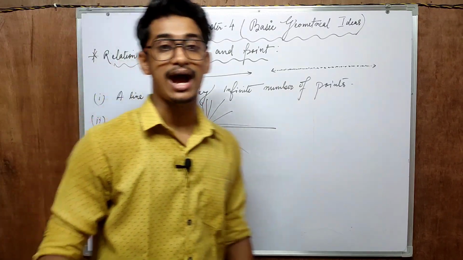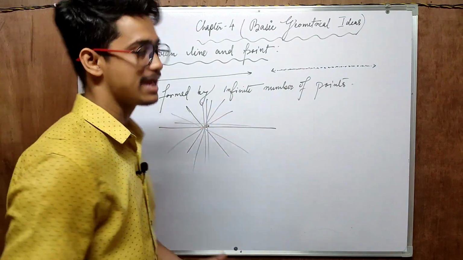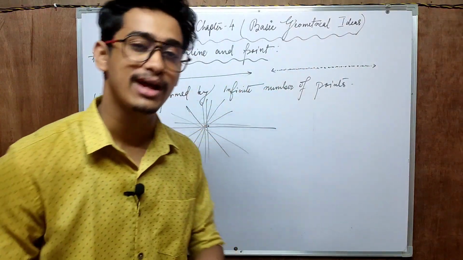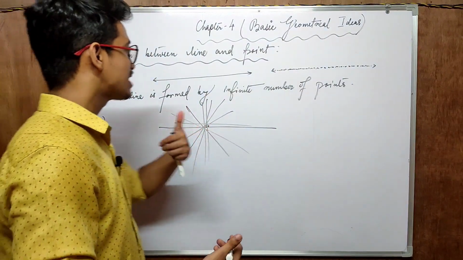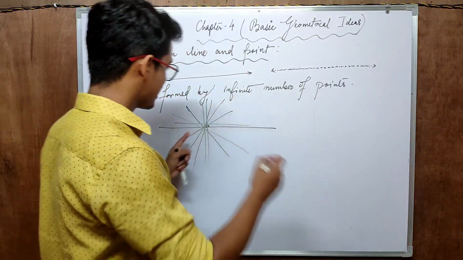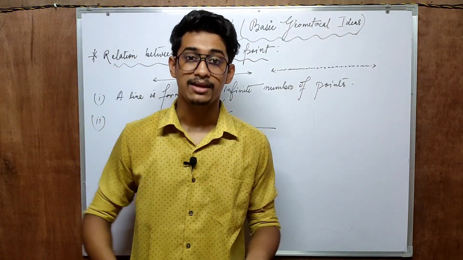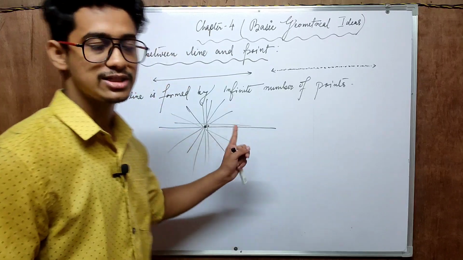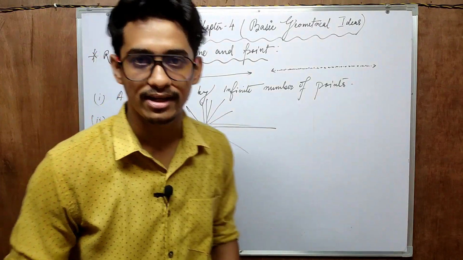I cannot actually draw more than 12 or 13 because it will become hazy. So when I am talking about passing through a given point, how many lines can pass through it? The answer will be infinite.